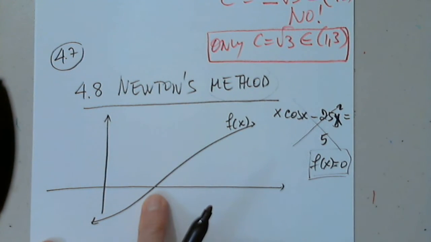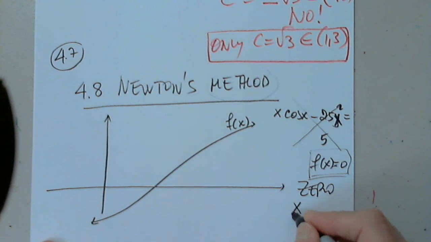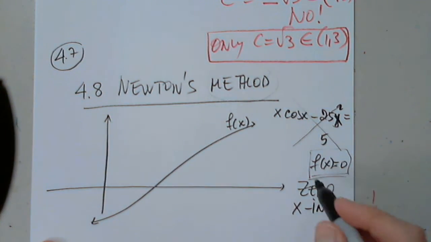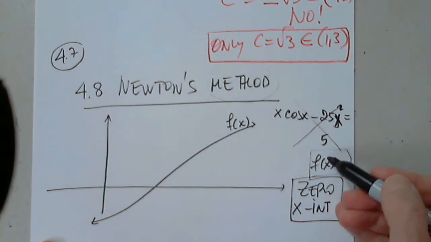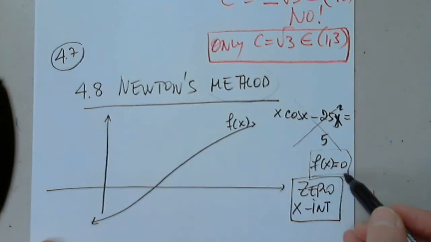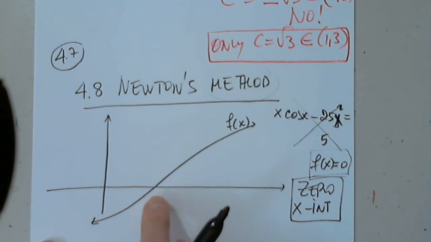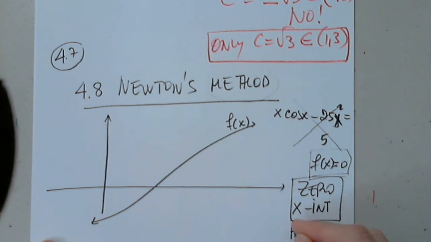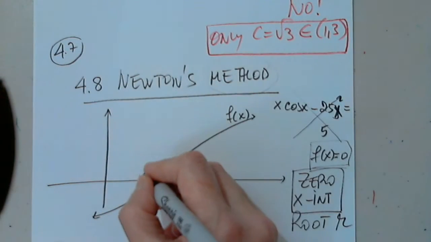Finding the 0, the x-intercept of the function, or the solution of this equation, they all mean the same thing. I'm going to denote it by root, lowercase r.